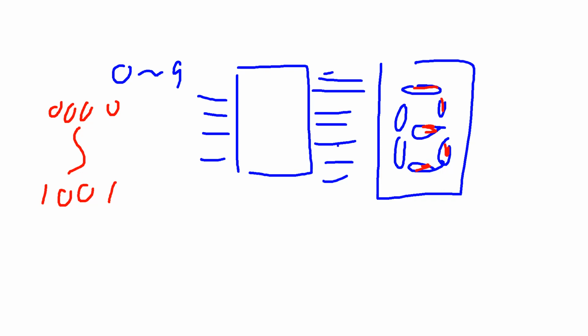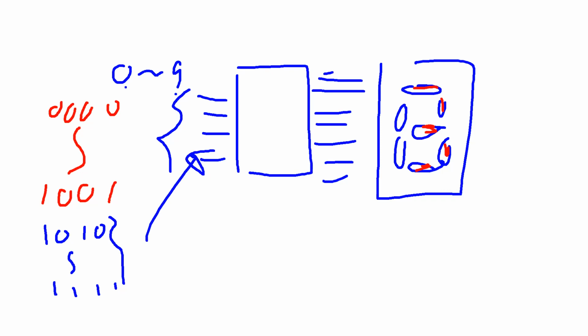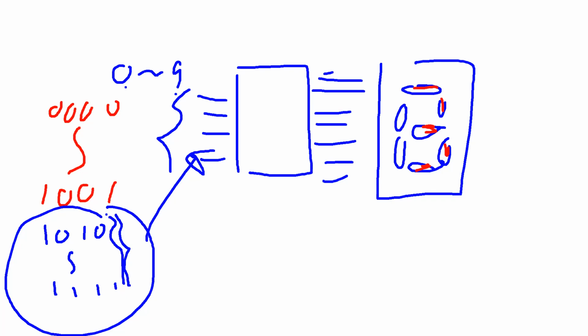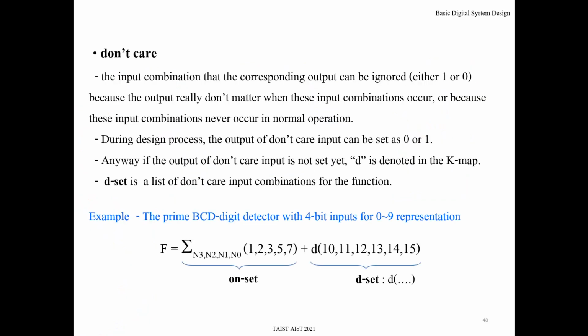So because the input we apply to this circuit is 0 to 9, or 0000 to 1001, that means for inputs 1010 until 1111, they are not applied to this circuit. So that means you can ignore the output for these inputs. Okay, it's called don't care.